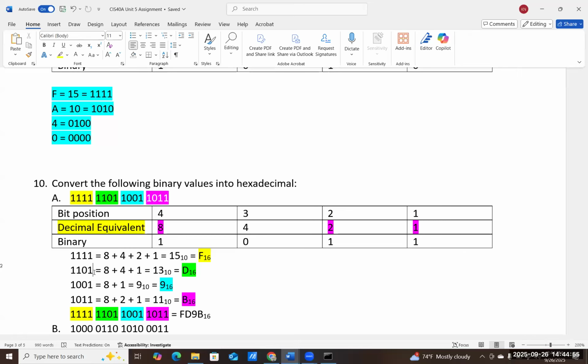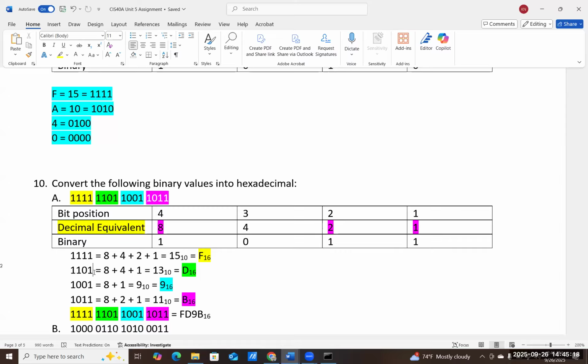So I have 8 plus 4 plus 1 gives me 13. So the green here, this nibble equals a D. And then I would go to the next group of bits.